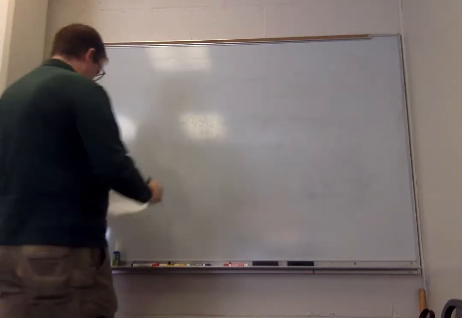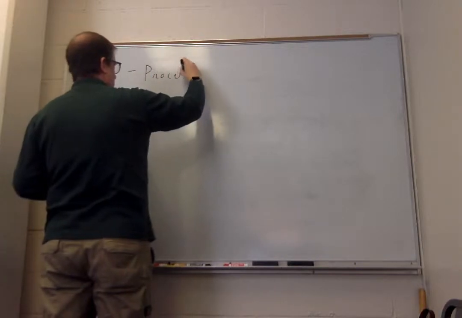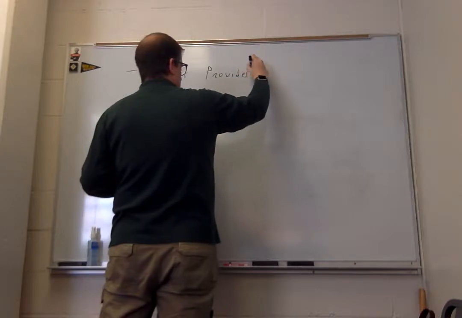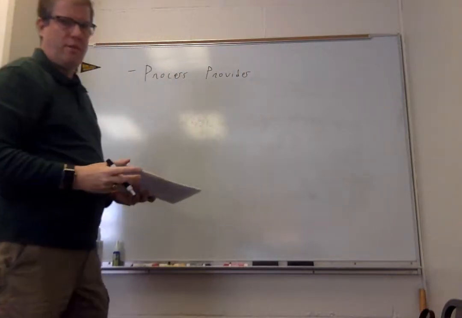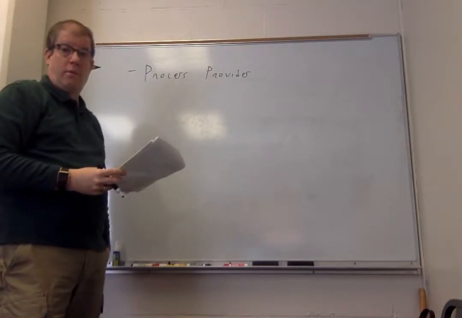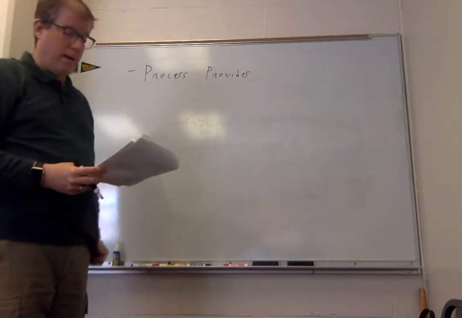And so this process provides a whole bunch of clusters. And so you isolate these things in the process of the buildup by extracting them out or fractionally distilling them out or what have you.